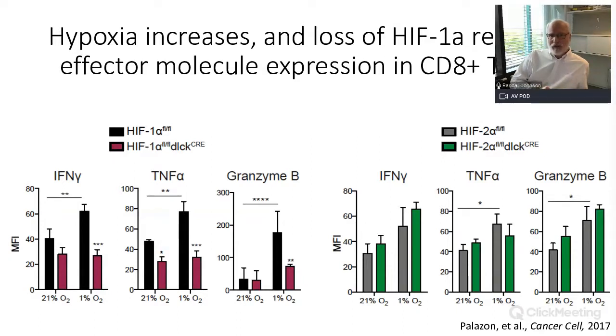The knockout of HIF-2 alpha has a much less significant effect, indicating that HIF-1 alpha is a potent trigger and a key factor in the activation of the cytotoxic T cell.